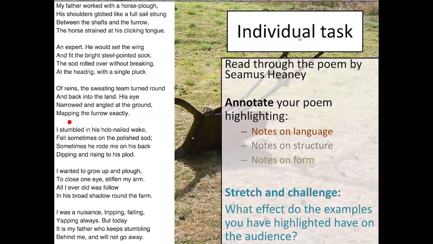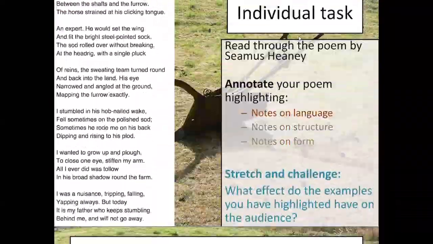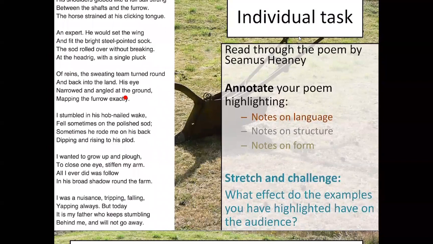The focus shifts from stanza 1, 2, and 3, to the 4th, from talking about his father to talking about himself. So here he's suddenly talking about his own movements. We can assume that he's perhaps young, which is why he's so inexperienced and not as good as his father at this job. And there's a real contrast. Apologies, there's a real contrast in imagery between how the father does things in stanzas 1, 2, and 3, and how he is doing things.